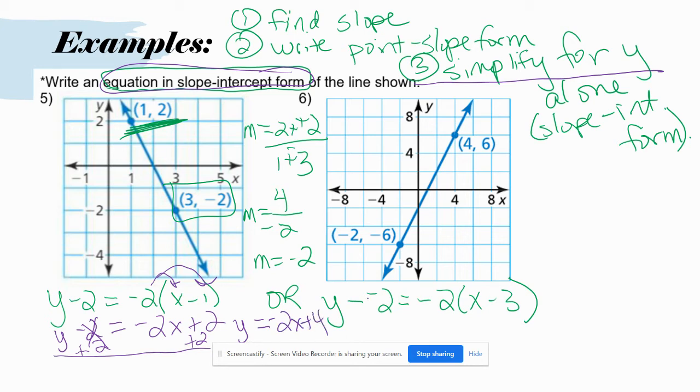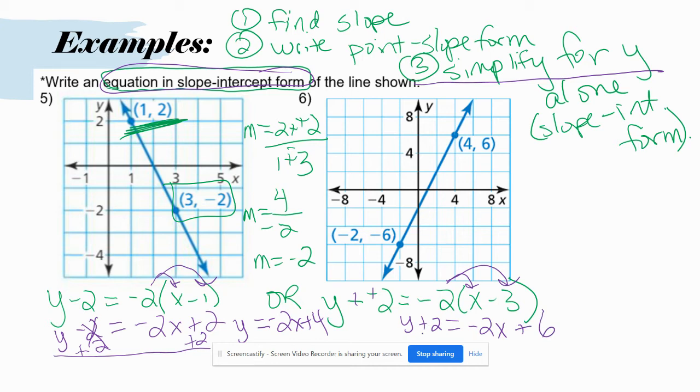If I use this right equation, start with add the opposite there and distribute over here on the right, we have y plus 2 is equal to negative 2 times x is negative 2x. Negative 2 times negative 3 is positive 6.